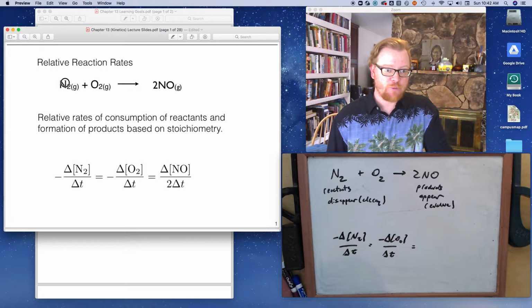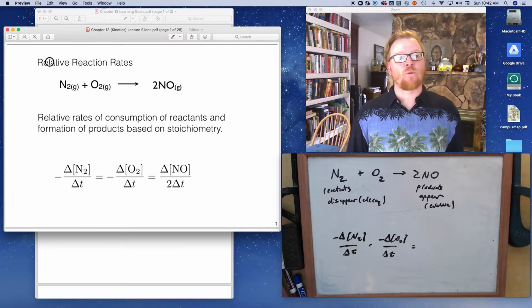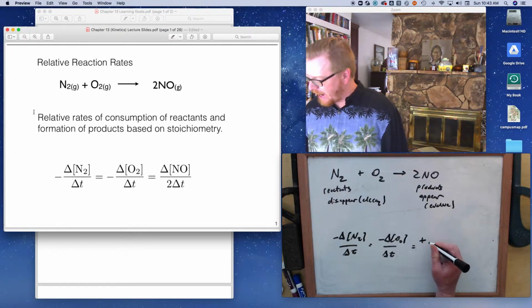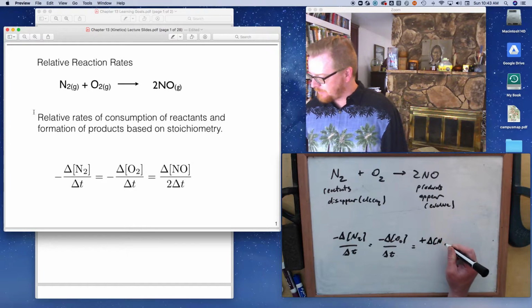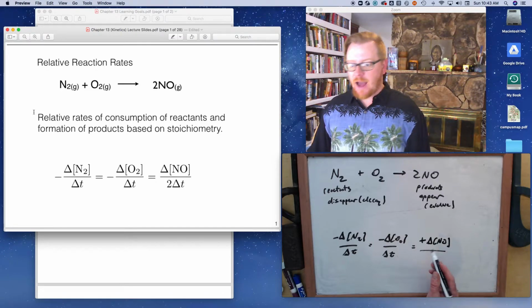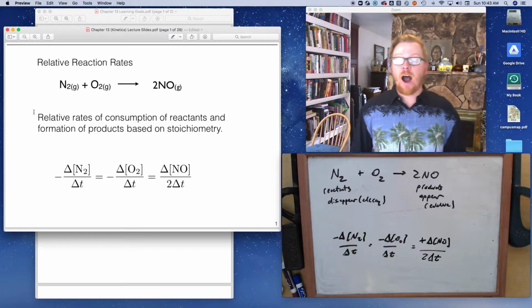Because remember, for every one N2 and one O2 we consume, we make 2 NOs. So that means if we want to relate these things to each other in a relative way, so we get all these rates equal to each other, the NO rate is going to be positive, okay? And it's going to have to be 1/2 of that value.